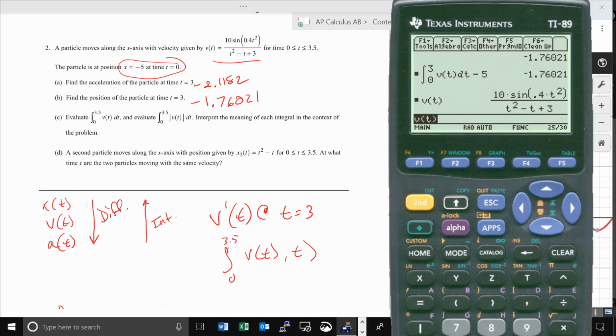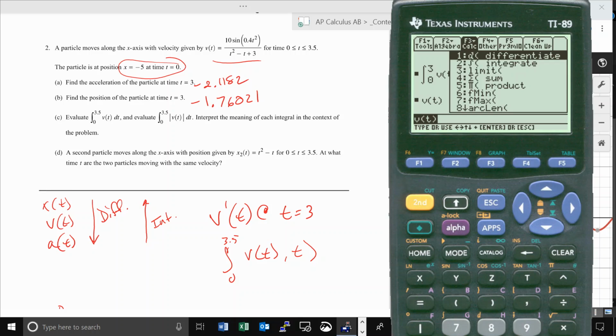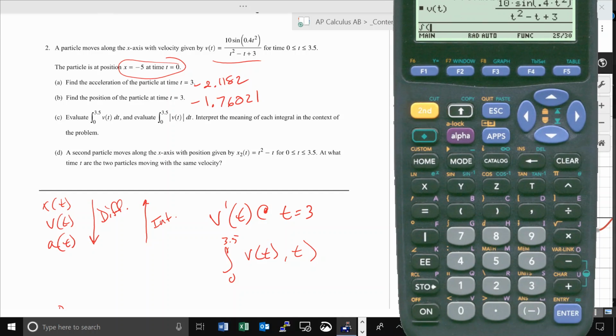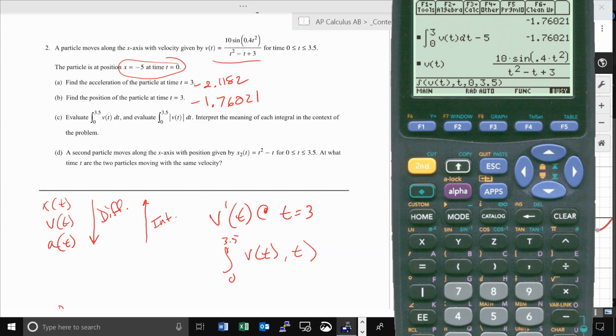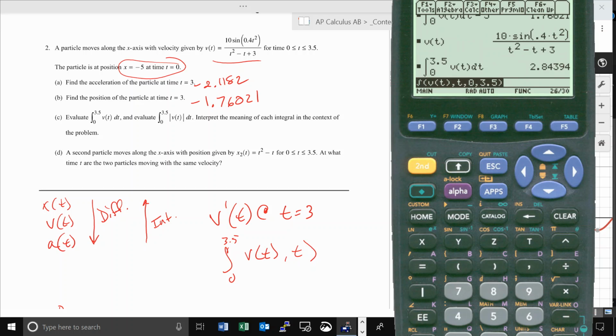I'm going to go F3 calc, and I'm going to integrate v of t, comma t, comma 0, comma 3.5. So let's see what answer we get. I'm integrating just the normal one, just this guy right here. All right, 2.84. That's just displacement.